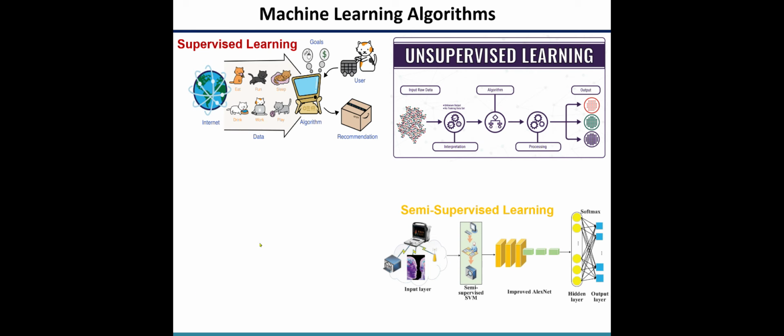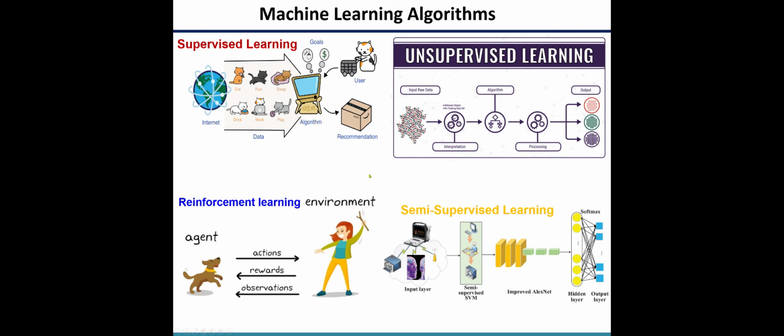Third, fourth, we have reinforcement learning. In reinforcement learning, if you see, the picture is showing that we are training a dog, right? So what we do, we throw this stick outside and the dog goes and catches it and brings it back, right?